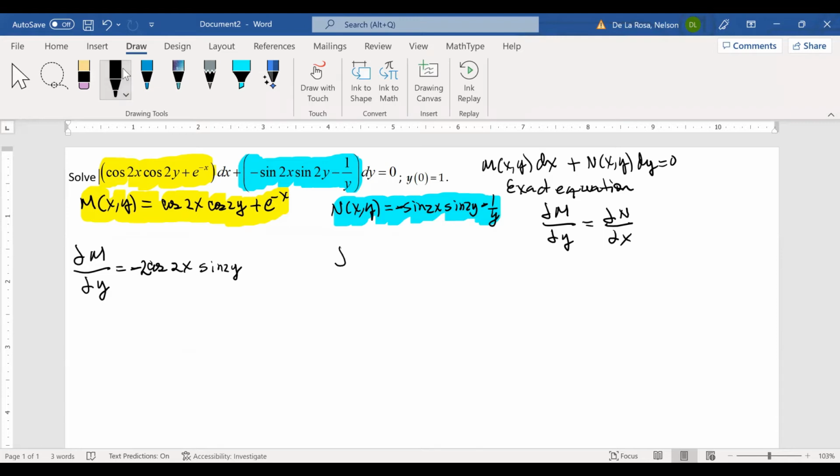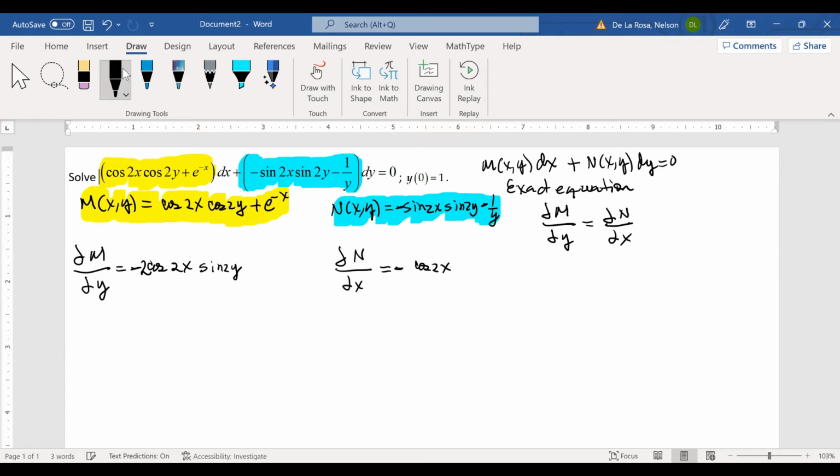In the same manner, we find the derivative of N with respect to x. Everything containing y is going to be like a constant. So we find the derivative of sine of 2x. The minus stays, and the derivative of sine of 2x is cosine of 2x.